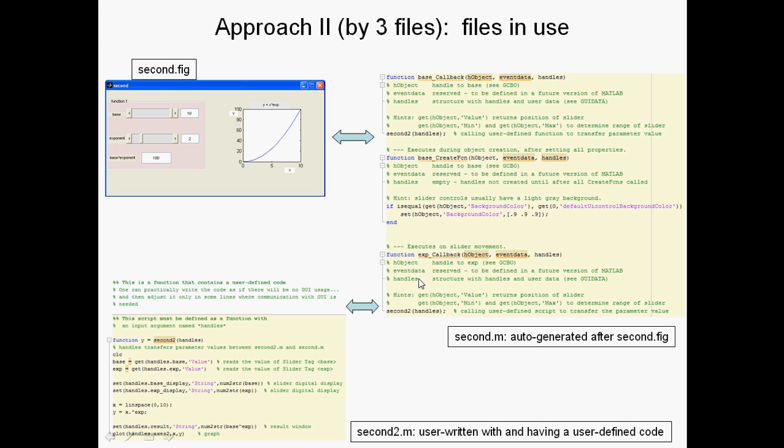So we see these function calls here, and this file, when we deleted some comments, is very short and simple, and we can see it looks as a typical M file, as if no GUI will ever be used. And only those lines in that file that have something with the GUI components, they are adjusted. However, the rest of the code can stay intact.